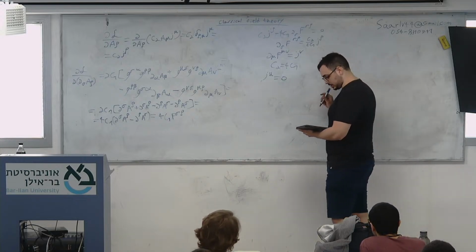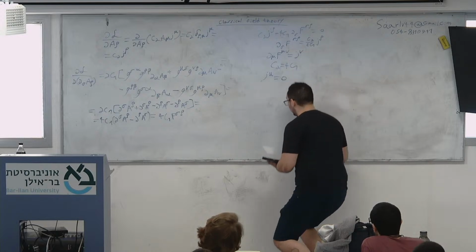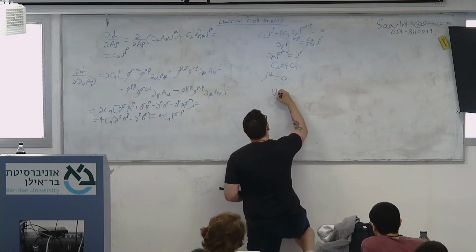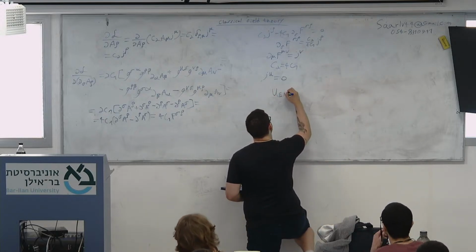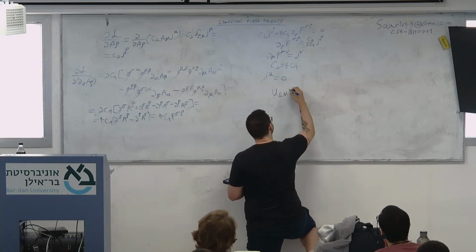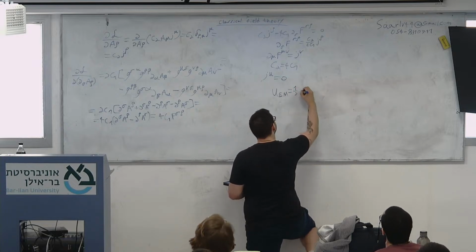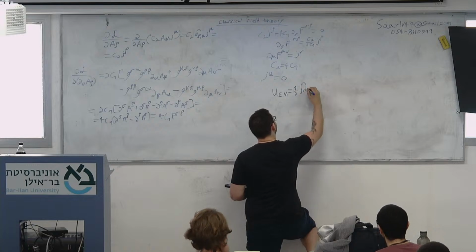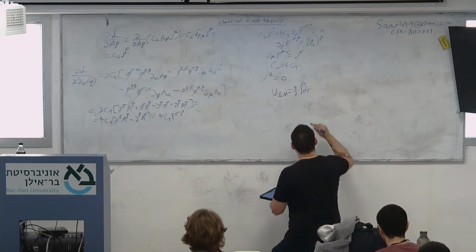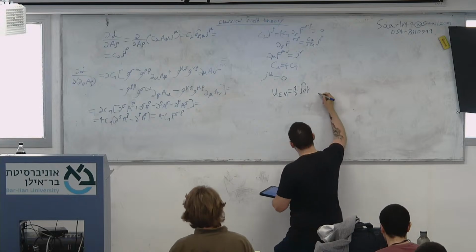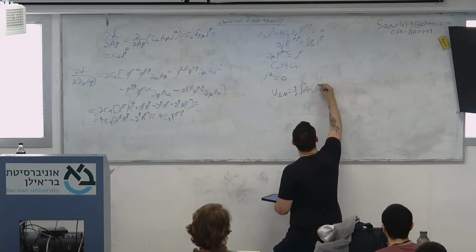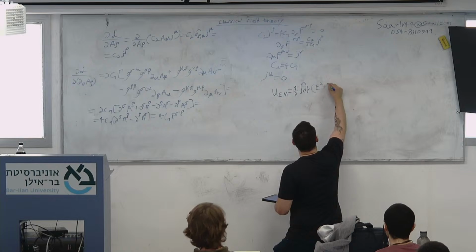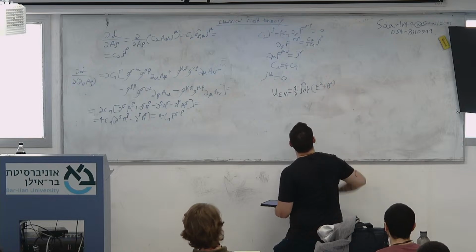And we know that in this case, where there's no charge and no current, the energy of the electromagnetic field is equal to 1/2 the integral over space of E square plus B square. All right.